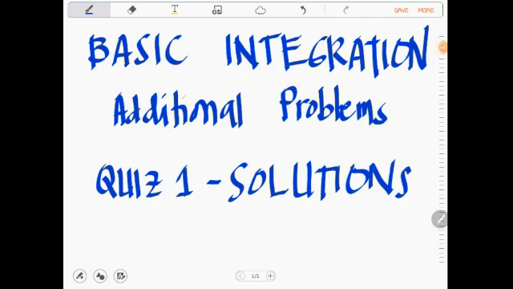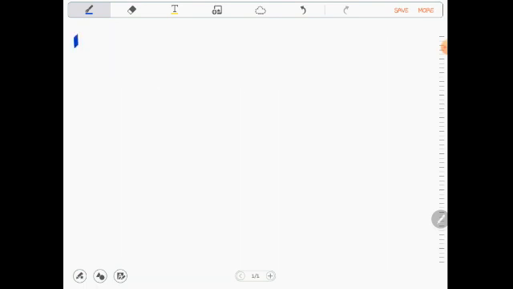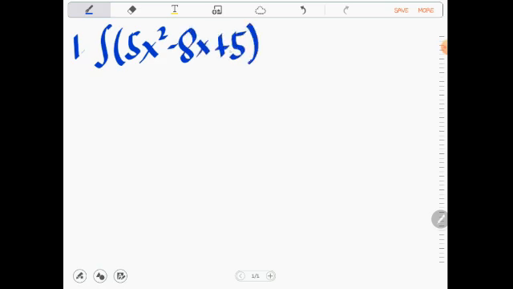Basic integration additional problem. So, ito yung solution doon sa ating quiz number 1 na binigay ko. First is the integral of the quantity 5x squared minus 8x plus 5 closed quantity dx.